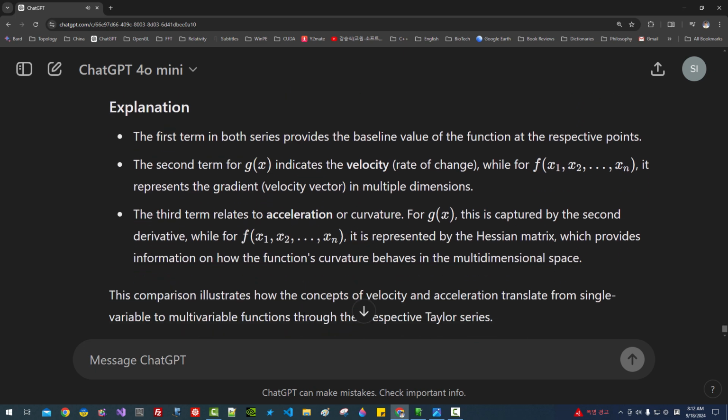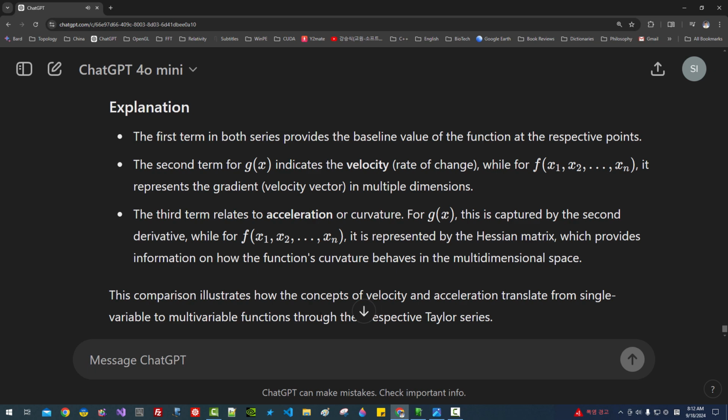Explanation. The first term in both series provides the baseline value of the function at the respective points. The second term for g of x indicates the velocity rate of change, while for f(x1, x2, ..., xn), it represents the gradient velocity vector in multiple dimensions. The third term relates to acceleration or curvature.